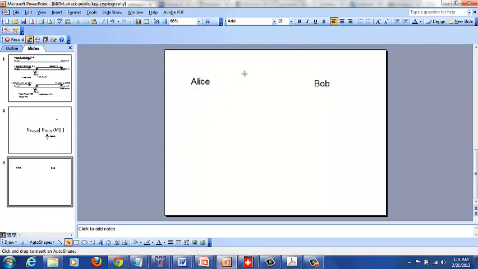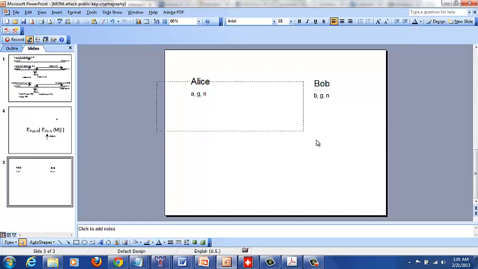Now Alice is generating A locally, and both of them know G and N. Bob generates B and he knows G and N too.